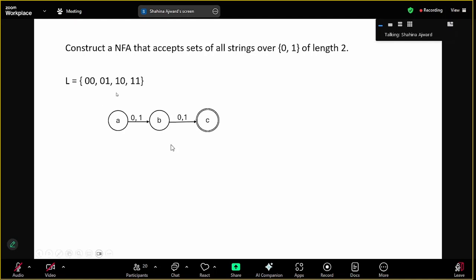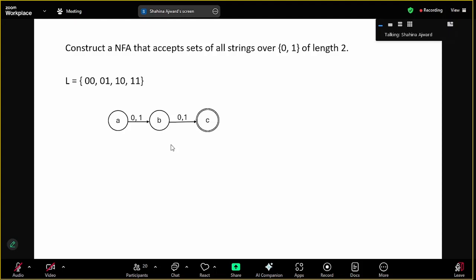So we can't have any self loop over here. If you have a self loop, then we could have many repetitions, and with a self loop we could create infinite words.